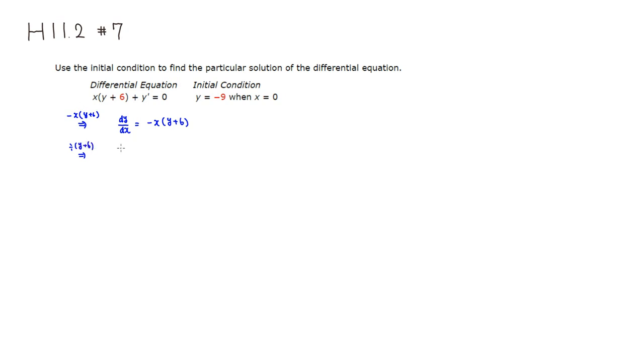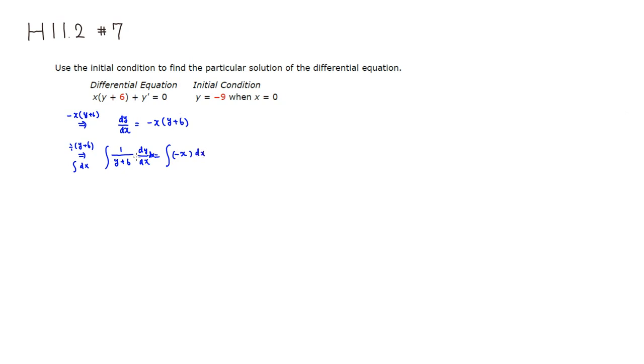So we get 1 over y plus 6 dy over dx is equal to just negative x. Then we can integrate with respect to x. So you have an integral sign with respect to x on both sides.